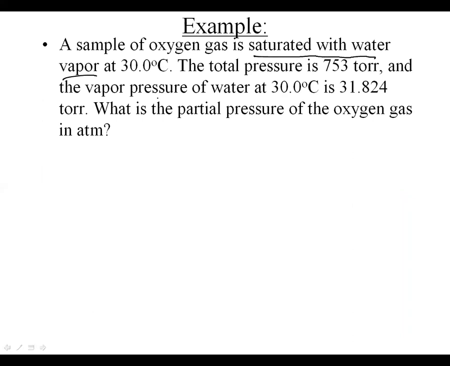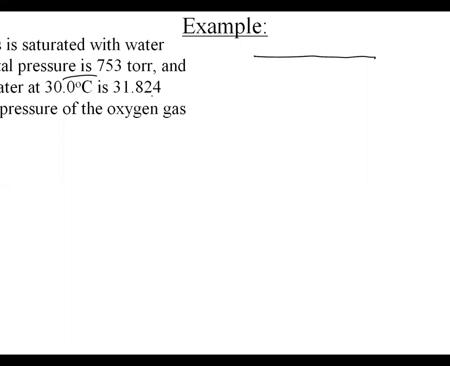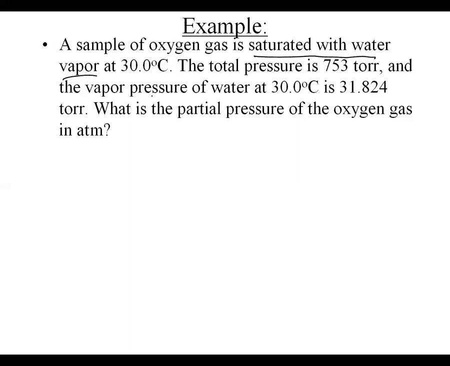It will say, just like here in this problem, it was saturated with water vapor. And all those are sort of keywords that tell you that you need to do basically what we were just talking about, that the total pressure is equal to the pressure of the gas you're interested in plus the vapor pressure of water. So in this case, the total pressure is 753 torr.